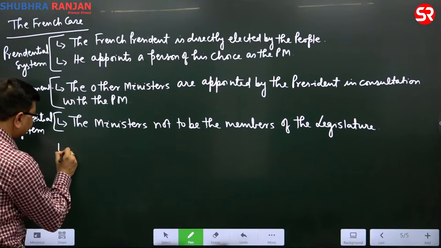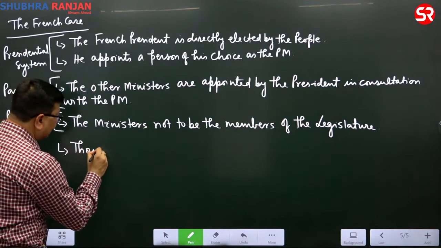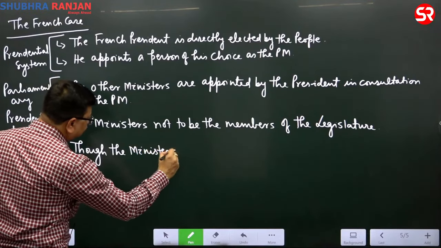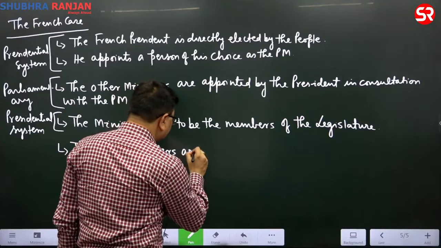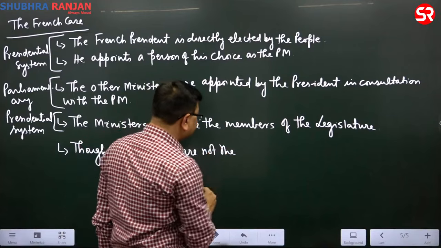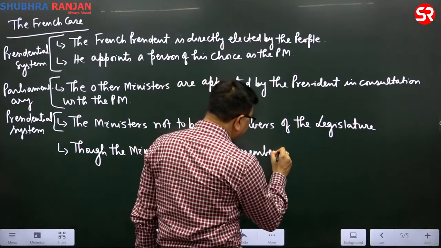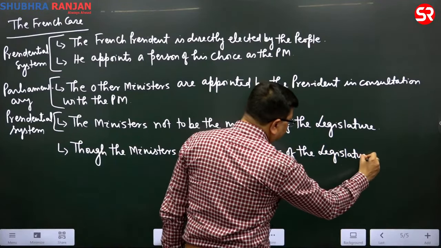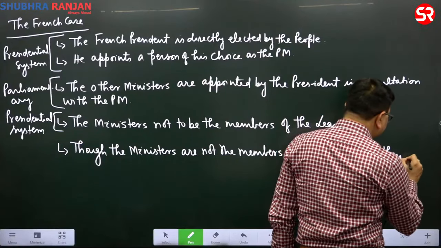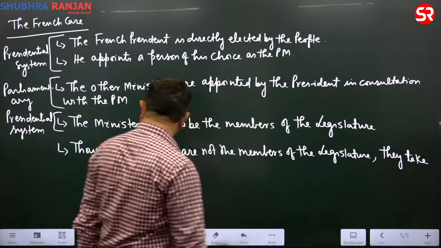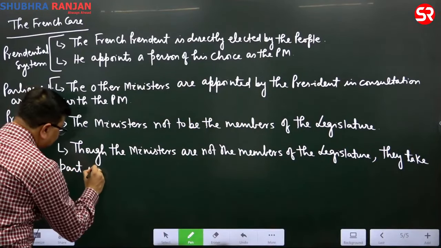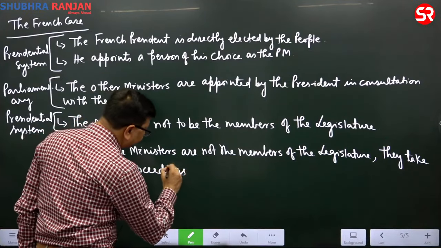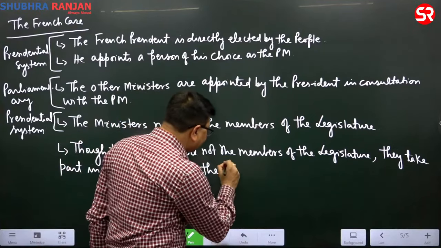Then though the ministers are not the members of the legislatures, they take part in the proceedings of the National Assembly.